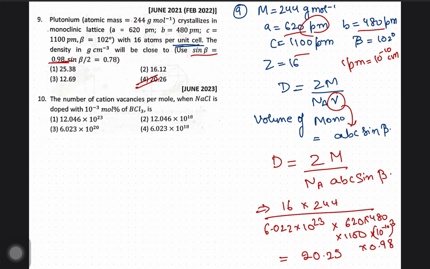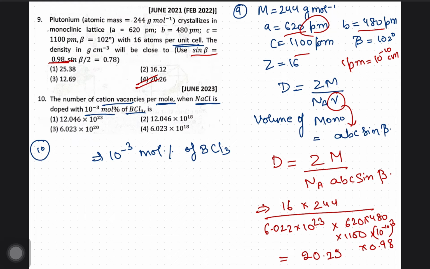Okay, 10th question: the number of cationic vacancies per mole when NaCl is doped with this much mole percent of BCl3. Now see, we are doping NaCl with 10 raised to power minus 3 mole percent of BCl3.